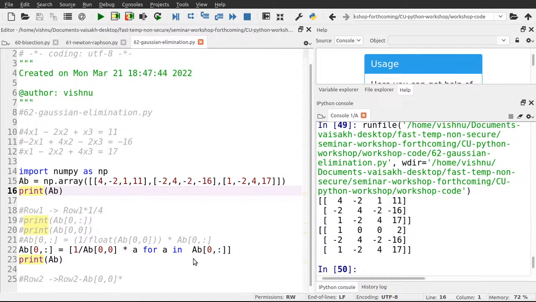Okay, let me just try to see another way. Maybe I will multiply the entire. This I want. Okay, let me just use this instead. Multiply with this. Will it work?